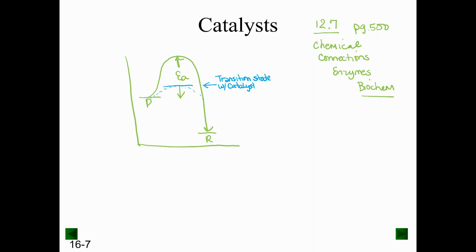The transition state with a catalyst, E of A is lowered. The transition state without the catalyst is higher energy, so it's up here at the top. So the transition state with the catalyst has a lower activation energy. And that's the whole point of a catalyst.